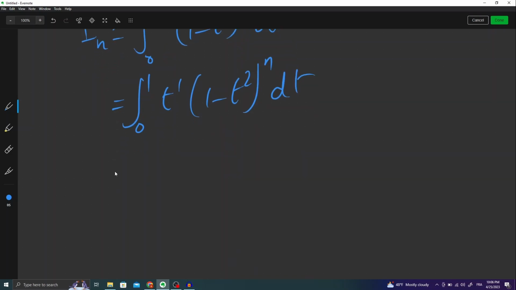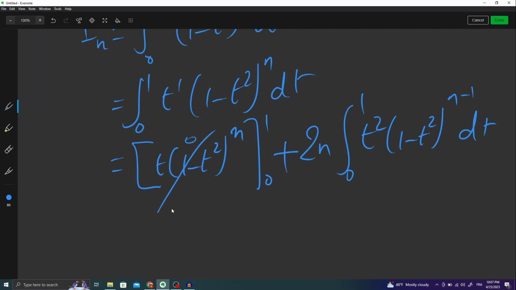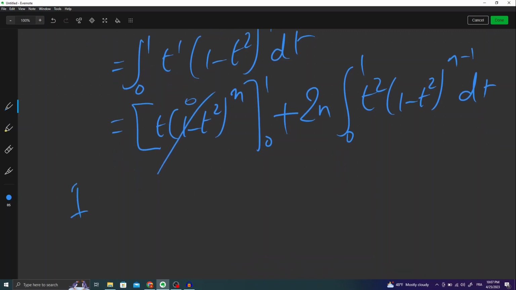So this gives us t times (1 minus t squared) to the power of n from 0 to 1, minus minus, which is going to give us plus 2n, the integral from 0 to 1 of t squared times (1 minus t squared) to the power of n minus 1 dt, okay? The boundary term is 0. You just have to replace by 1 and 0. So we get our I_n is 2n times the integral from 0 to 1 of t squared (1 minus t squared) to the power of n minus 1 dt.